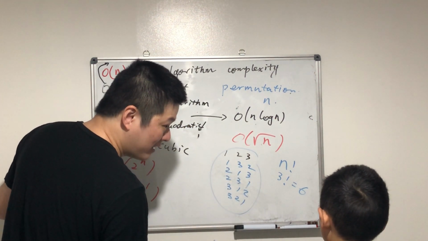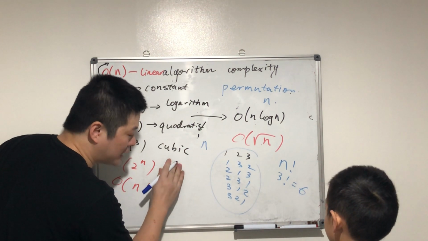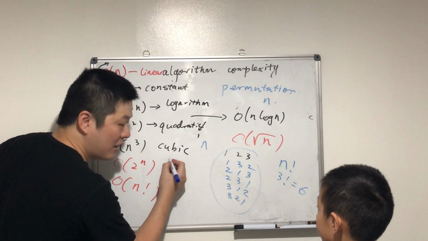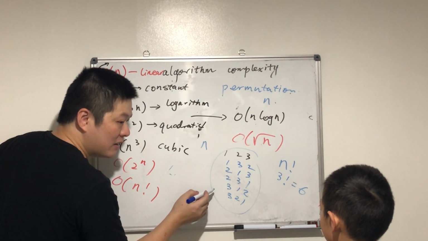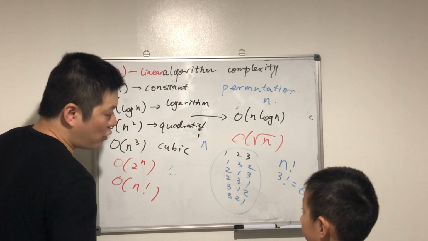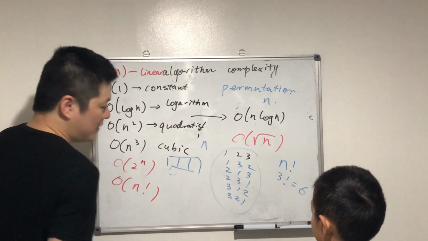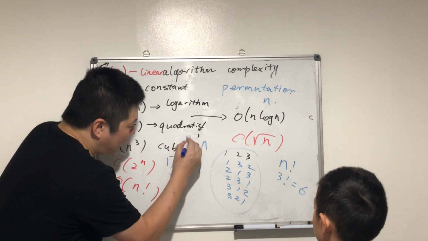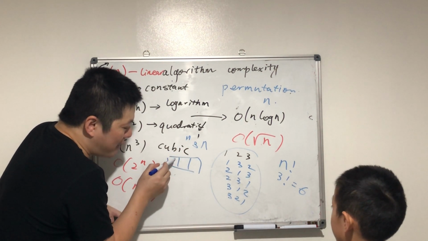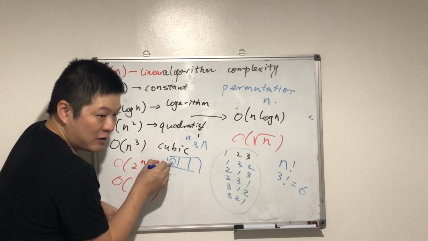Do you know why? If I have n numbers, how many numbers can I put in the first slot?